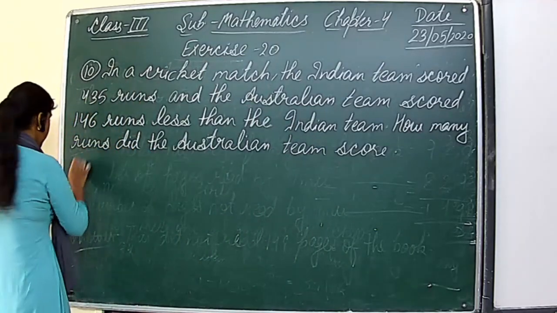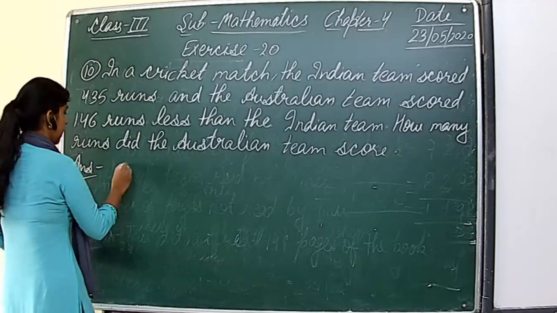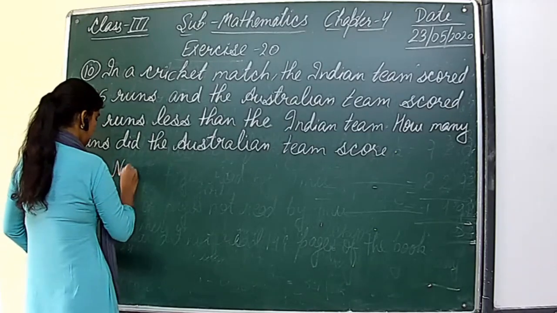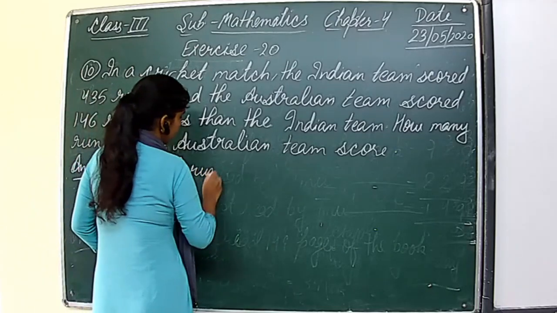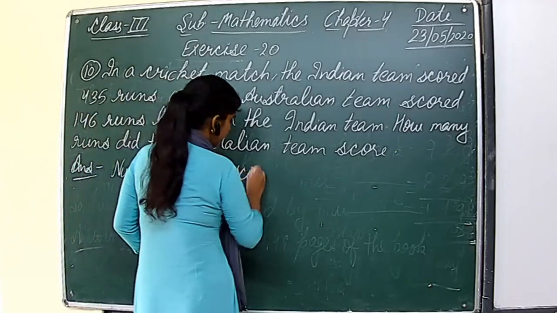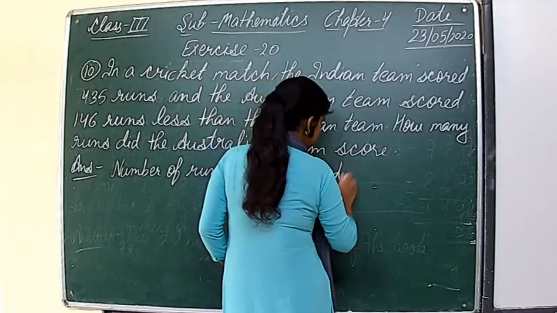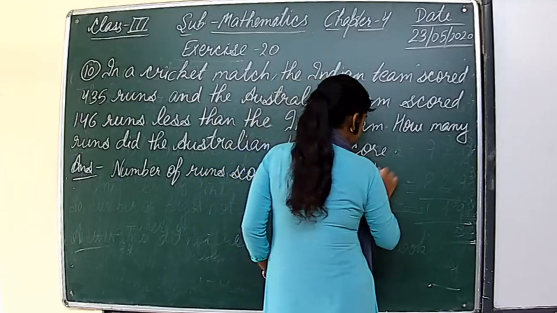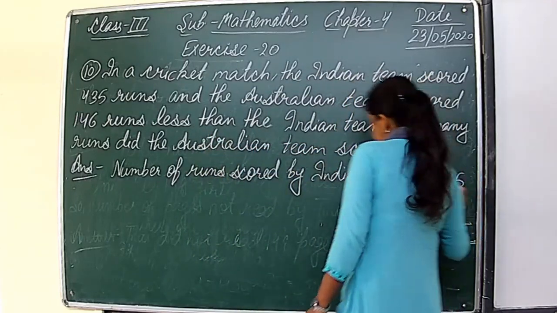So let's start. Number of runs scored by Indian team is equal to 435.